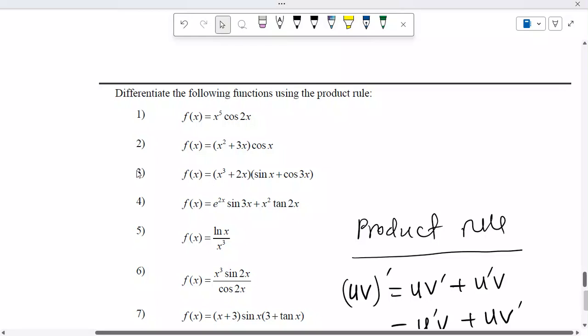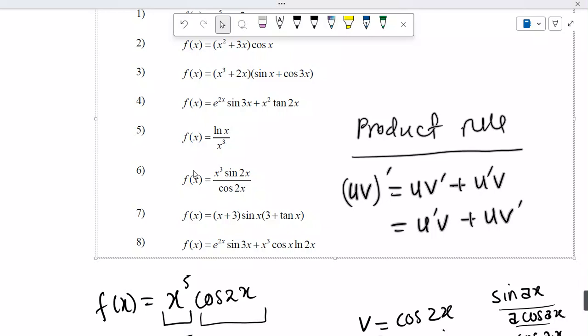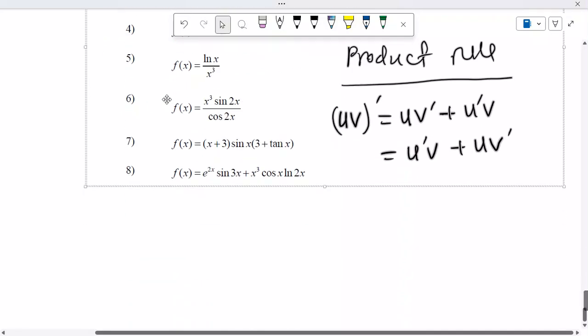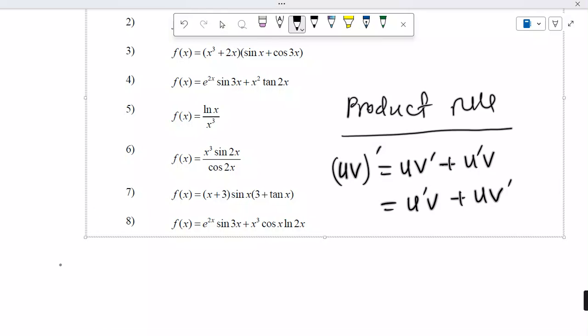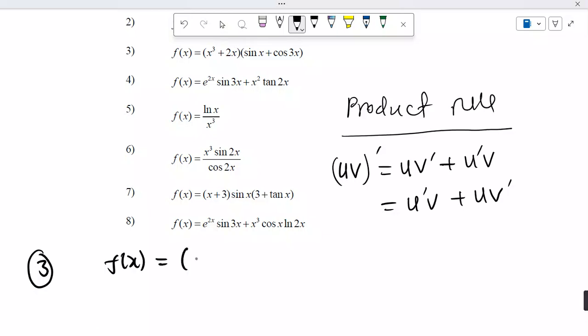Then number 3 is quite big, so let me just copy this and paste it here. So we are on 3 now. 3 is f of x equals x to the power 3 plus 2x, times sine x plus cos 3x.